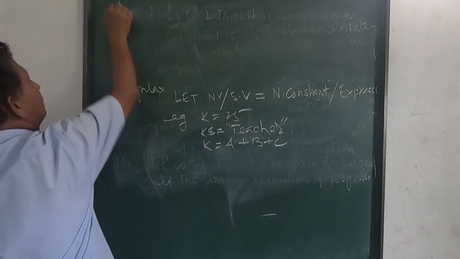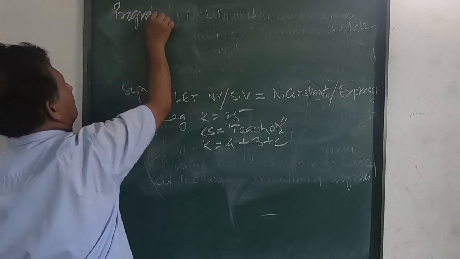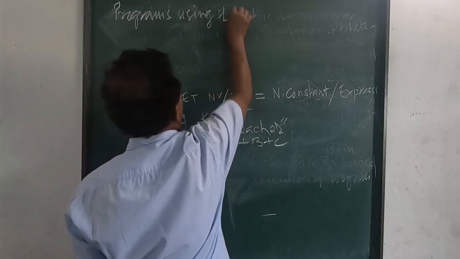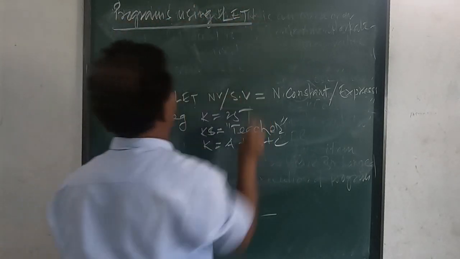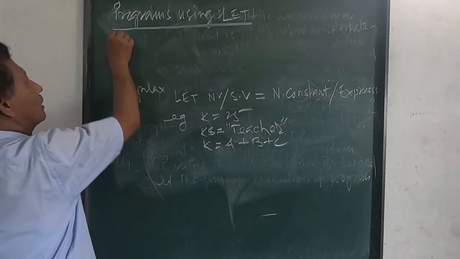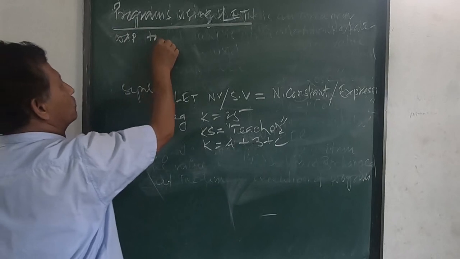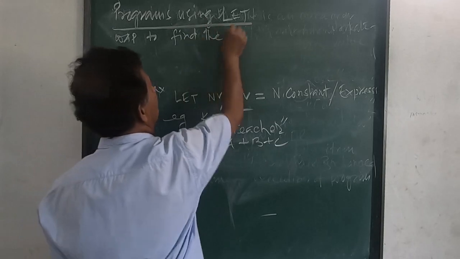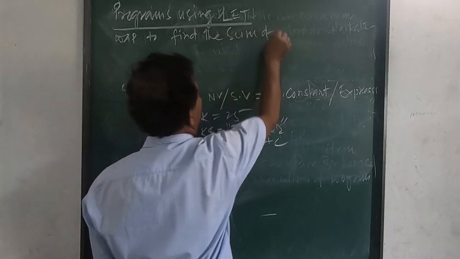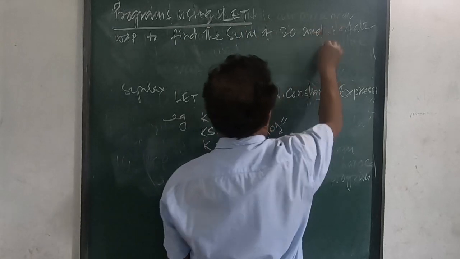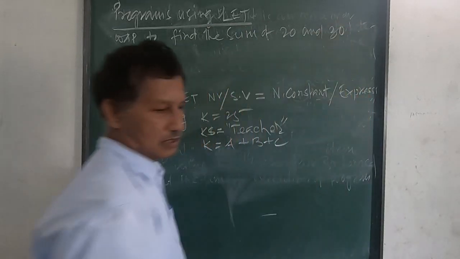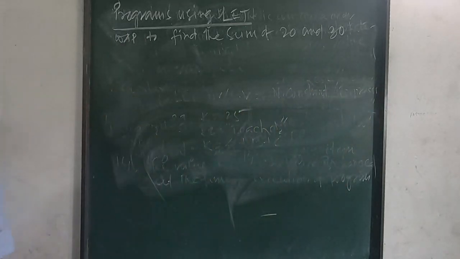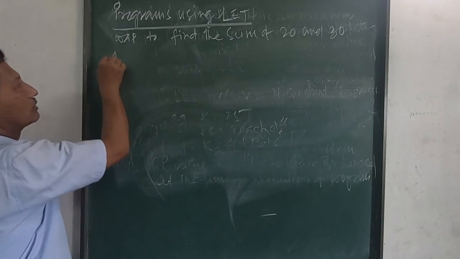Program using let. Write a program to find the sum of 20 and 30. Here goes the answer.